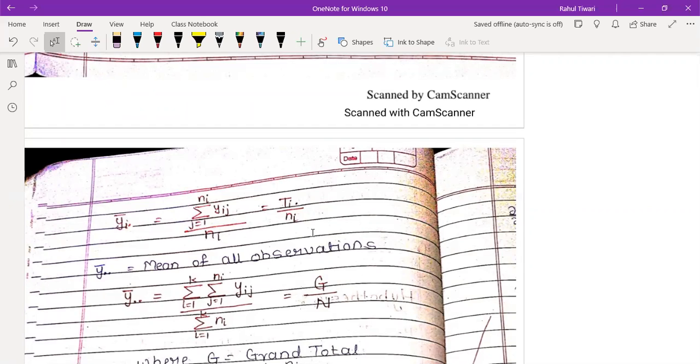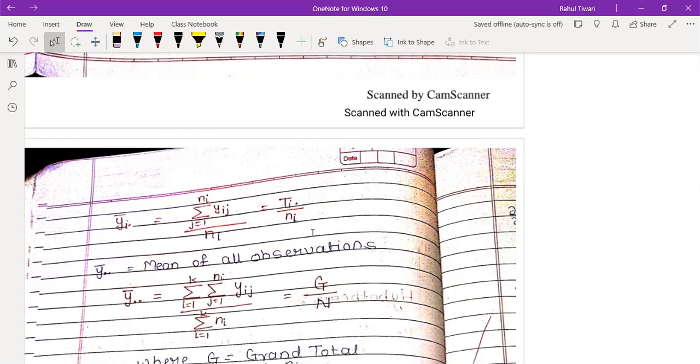Don't go with the notations, but look at which formula is more suitable. Getting my point? It is all a matter of notations. If i changes with j and j changes with i, then the whole thing goes wrong. It happens. So try to understand the concept.